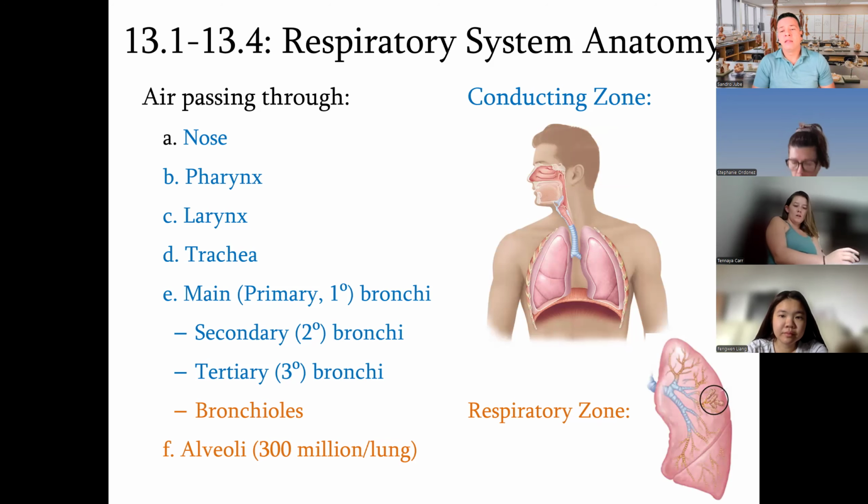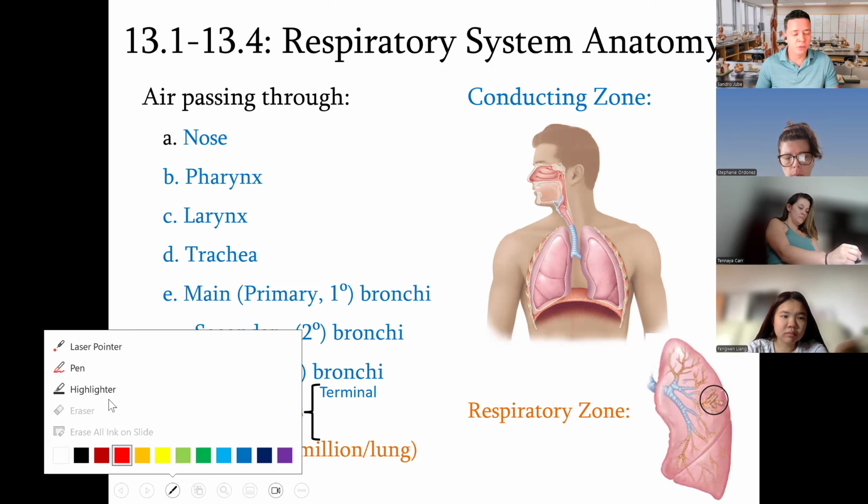We can divide the respiratory system, guys, into two major groups of organs. We have the organs of the conducting zone, and we have the organs and structures of the respiratory zone. Everything that is here in blue on this slide belongs to the conducting zone, including the terminal bronchioles.